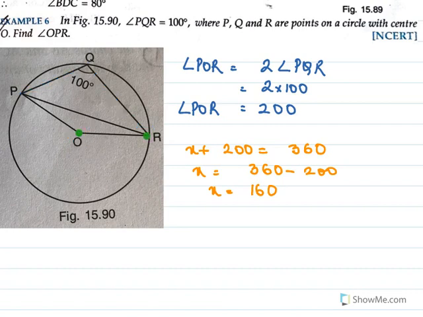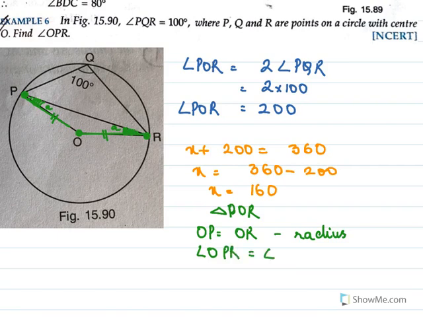Next, we take the triangle POR. We have OR equal to OP. They are the radius. If OR equal to OP, therefore these two angles will also be equal. I will write the angles as A and A. So OP equal to OR because they are radius, and therefore angle OPR equal to angle ORP equal to, say, A. We have already found out that here angle is 160.